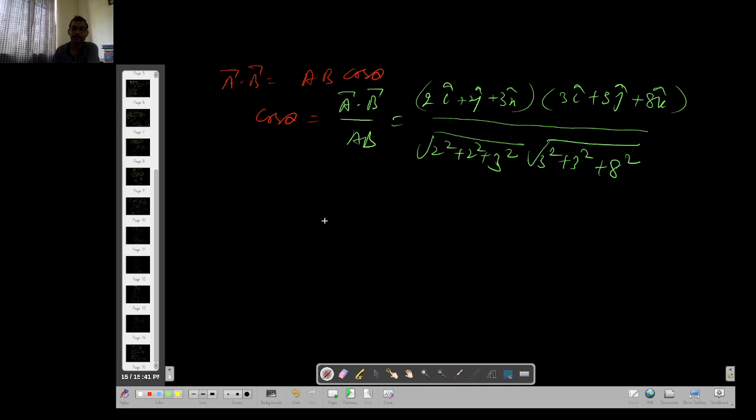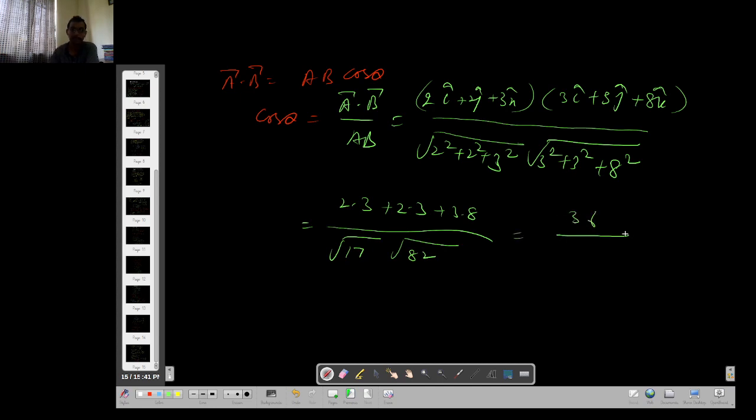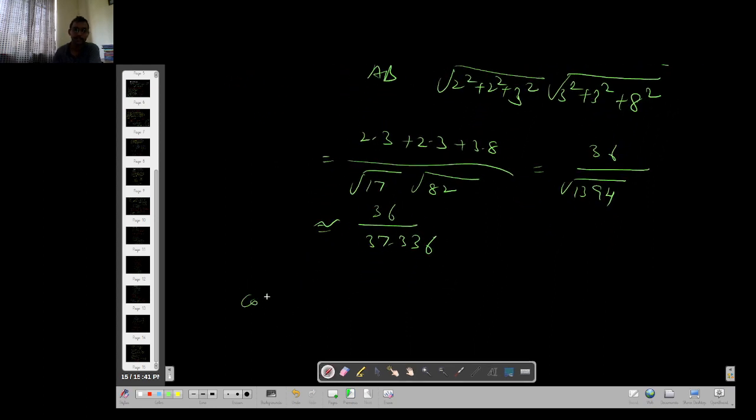So what I am getting is 2 into 3 plus 2 into 3 plus 3 into 8, divided by root 17 and root 82, so it is 36 upon root 1394, which is about 37.36. So cos of theta is the value which we are getting, 0.96421. So theta is equal to cos inverse of that value.